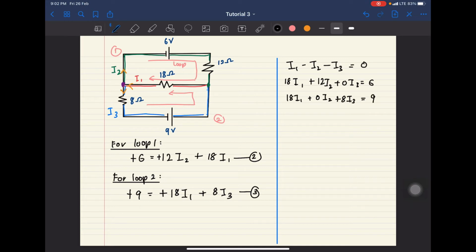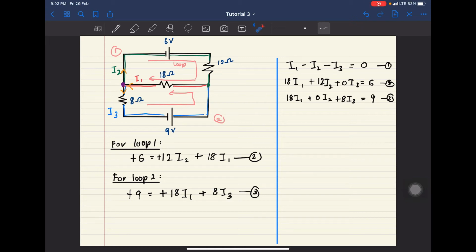Okay, so what you're gonna do is that you have to enter inside your calculator. This will be your first row, second row, third row. Okay, remember to choose simultaneous equation, persamaan serentak dengan 3 variables. So the first row kamu isi 1, negative 1, negative 1, and then 0. Okay, setiap kali kamu enter, kamu tekan equal.